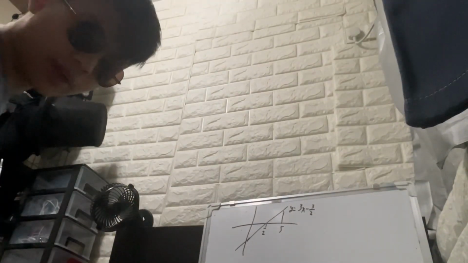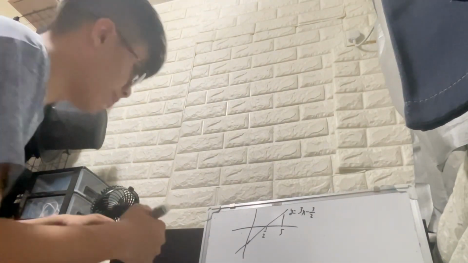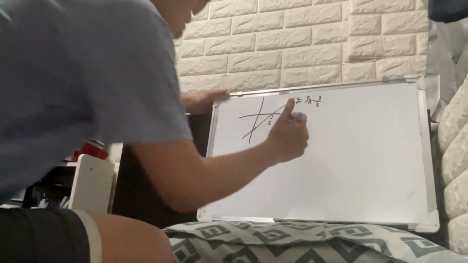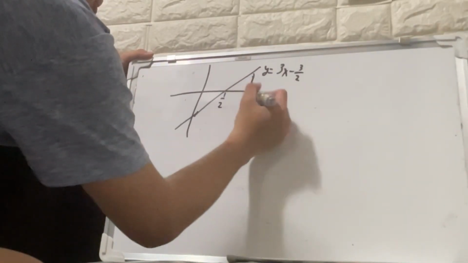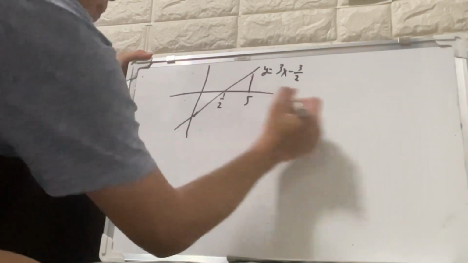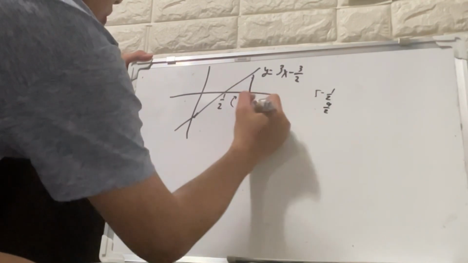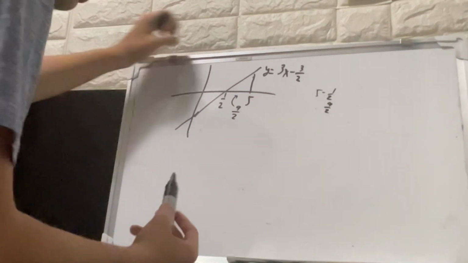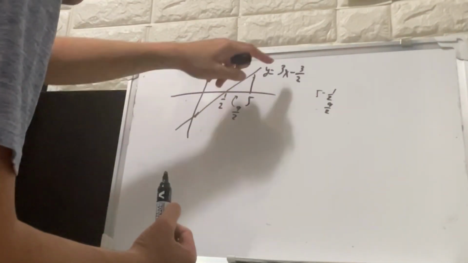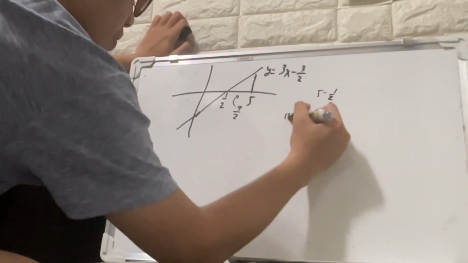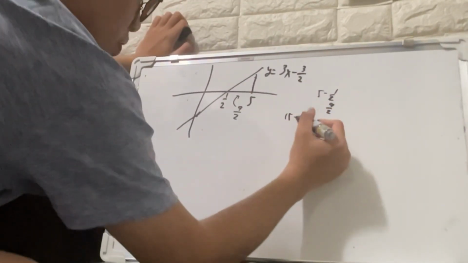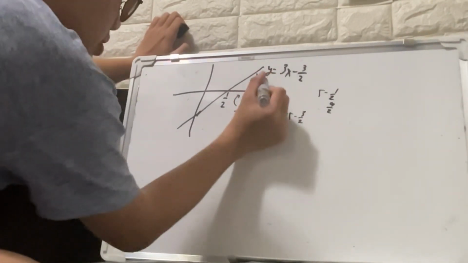We can also find the area under this line using a geometric way, since we know this is a right triangle. Here, this length is 5 minus 1/2, which is 9/2. And when x is 5, put it inside, you get 15 minus 3/2, and 30 minus 3 becomes 27/2.